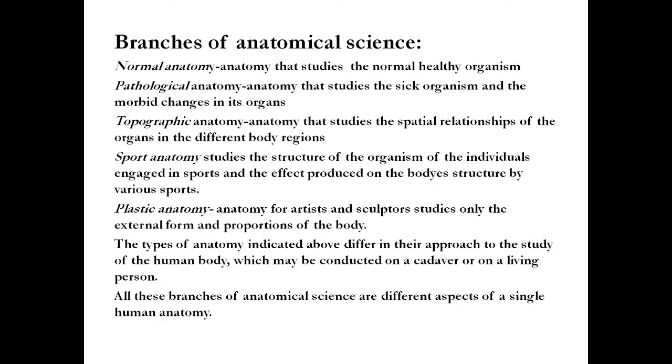The types of anatomy indicated above differ in their approach to the study of the human body, which may be conducted on the cadaver or on the living person. All these branches of anatomical science are different aspects of the single human anatomy.